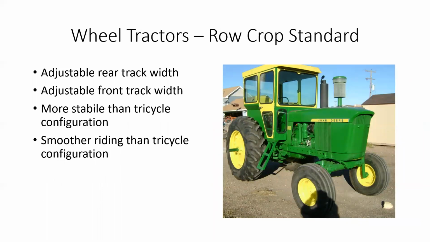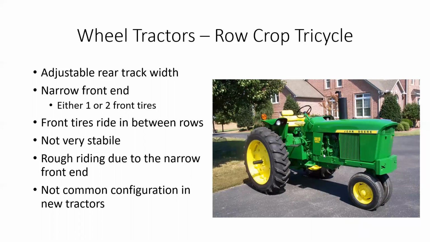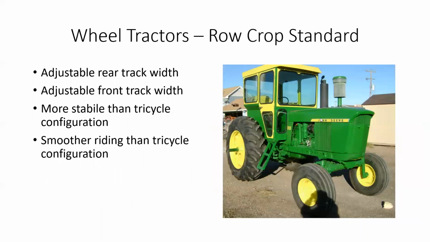So row crop standard, similar again. I think this is even the same model tractor as this one, but instead of having a narrow front end, it has a wide front end, similar to a normal tractor. But again, we have this adjustable rear track width, and now the front end is adjustable as well, right?